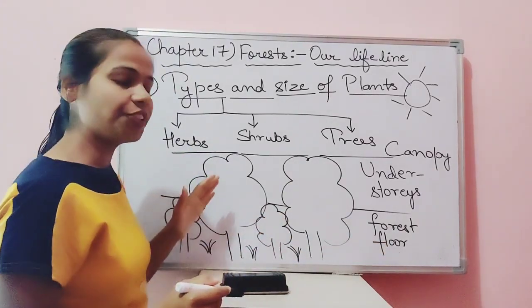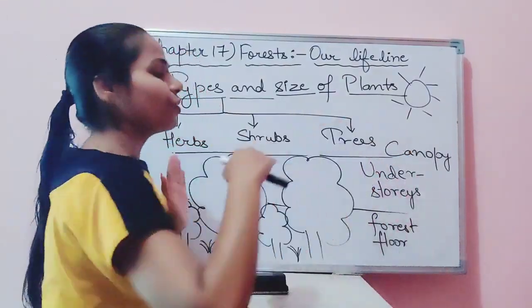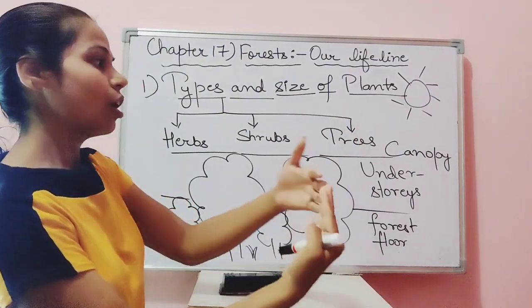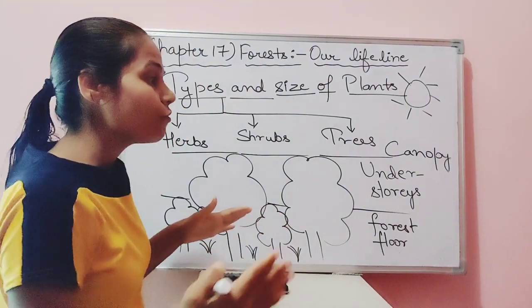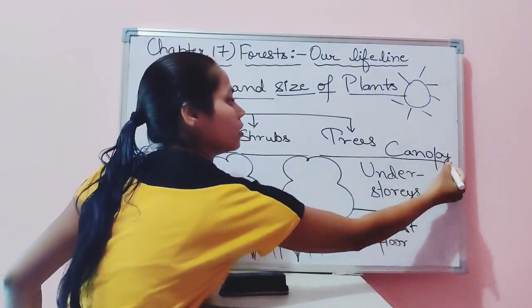The giant trees, children, form a horizontal range of the crown of their branches and flowers, which is known as canopy.